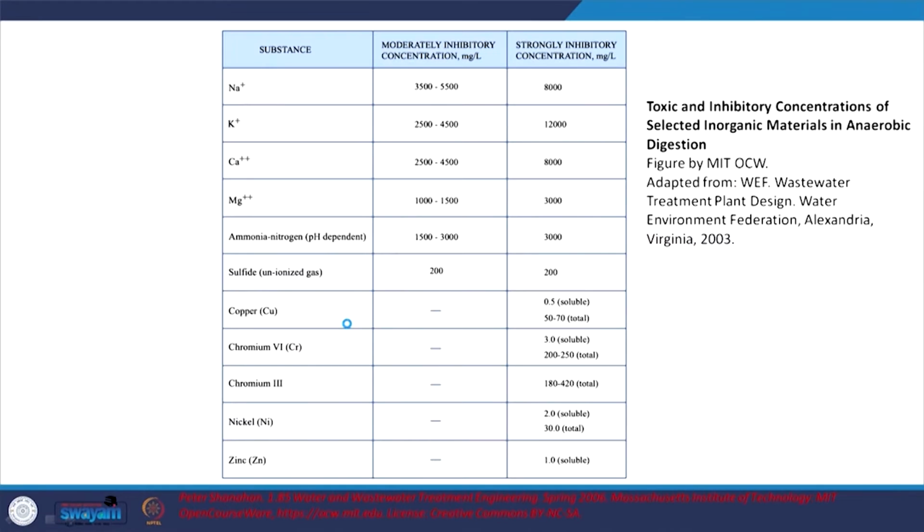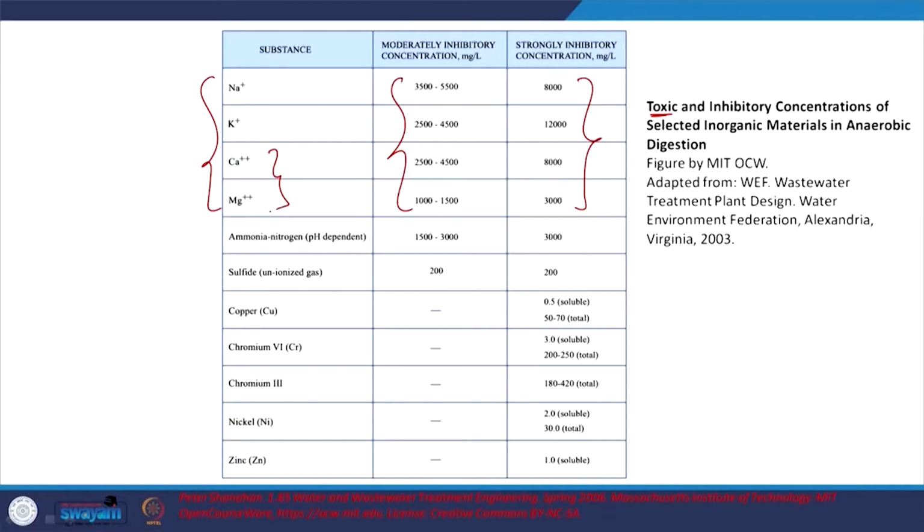Let us move on. So, as we mentioned earlier, we need to be concerned about toxic substances. So, we are concerned about some cations, and the concentration is given here and the strongly inhibitory range is given here. So, when we are looking at industrial wastewaters by anaerobic digestion, even though now we are talking about sludge, depending upon the type of cation exchanger that you used, or if it was mixed with primary sludge, let us say, primary sludge at least from water treatment and such, if you are mixing them up, you can sometimes have high concentrations of some of these ions.